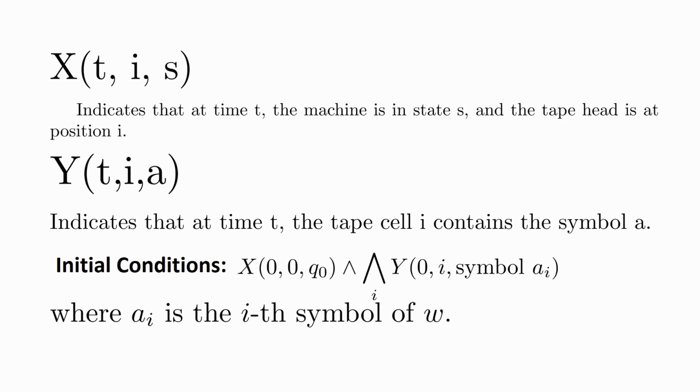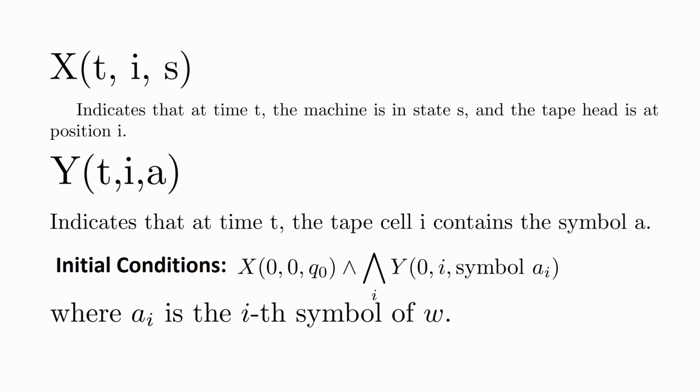1. Initial configuration. First, we set the stage. At time t equals 0, the NTM starts in its initial state, q_0. The tape contains the input w, written in consecutive cells starting from position 0. The head of the NTM is at the first position of the tape.